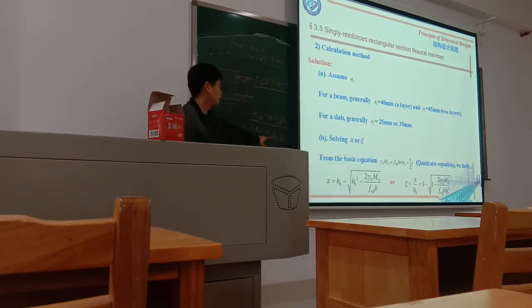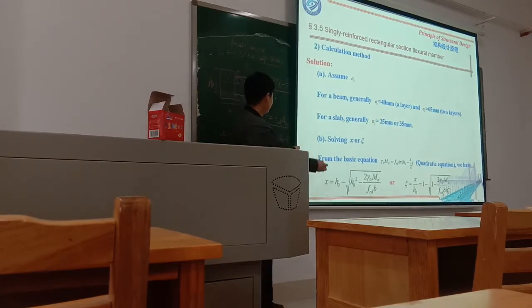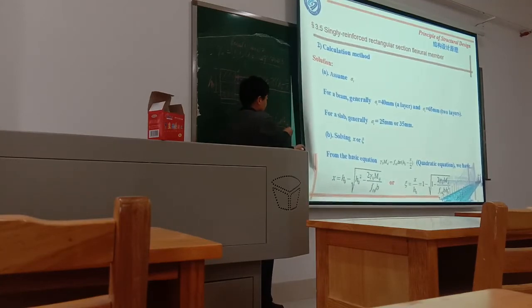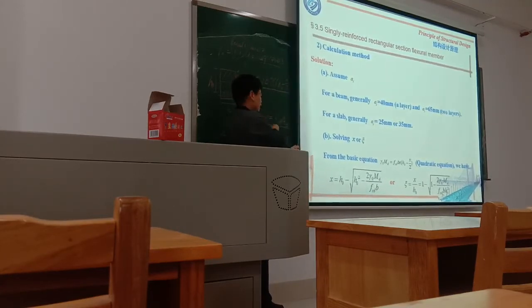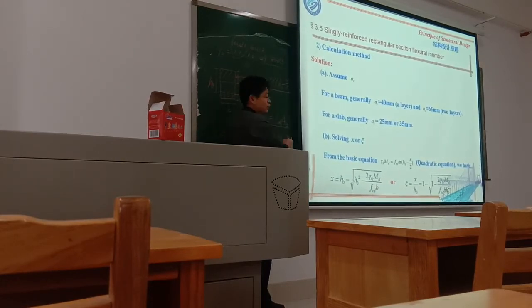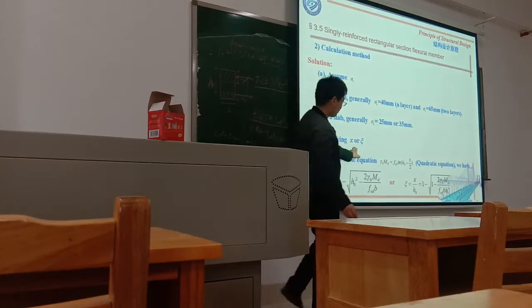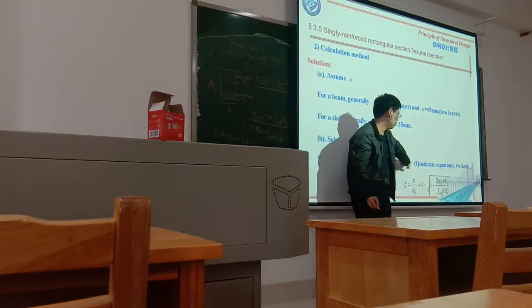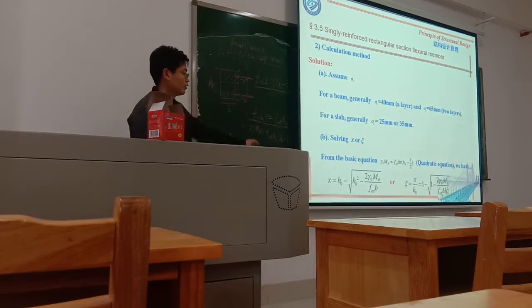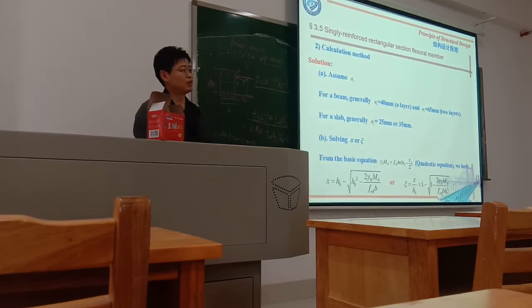Why we don't use this formula? You see, in this formula, X we don't know, AS we don't know. And also in this formula, AS we don't know, X we don't know. But in this formula, only X. That's why we use this formula to get X.